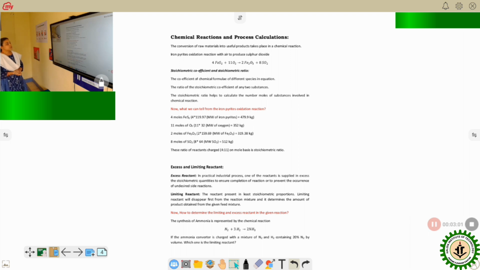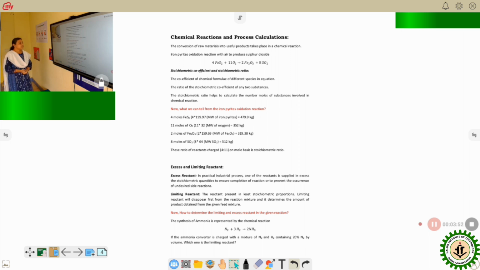4 moles of FeS2, that means 4 times the molecular weight of iron pyrites, which is 479.9 kg of iron pyrites, reacts with 11 moles of oxygen, that is 11 times the molecular weight of oxygen, 32, which comes to 352 kg of oxygen, and produces 2 moles of Fe2O3, ferric oxide, that is 2 times the molecular weight of ferric oxide, which comes to 319.38 kg, and 8 moles of sulfur dioxide, that is 8 times 64, the molecular weight of sulfur dioxide, which comes to 512 kg of sulfur dioxide produced.